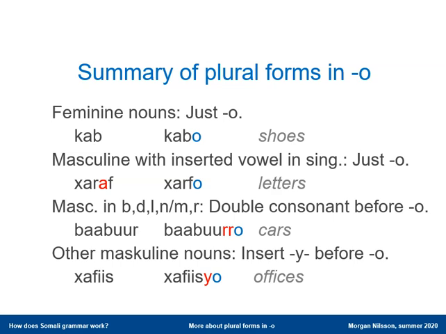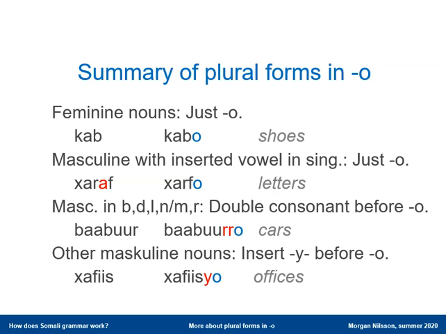Yeah, and that was all I wanted to say about plural forms in o, and it was quite a lot. So let's make a short, quick summary of the most important facts. When it comes to the feminine nouns that belong to this type of nouns, you just add o.